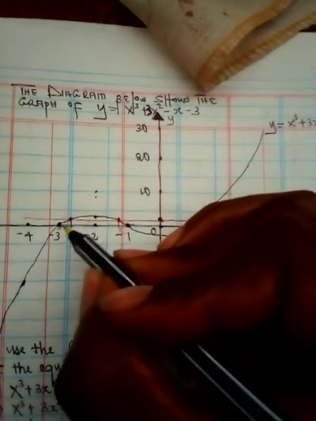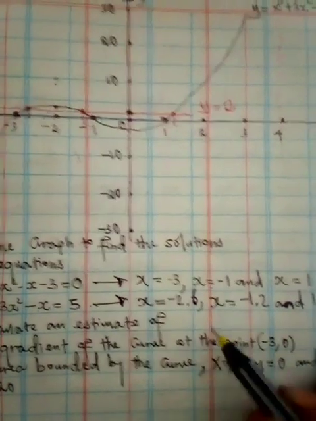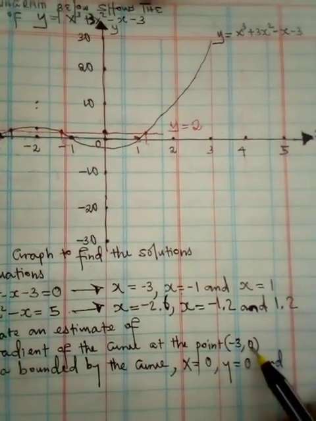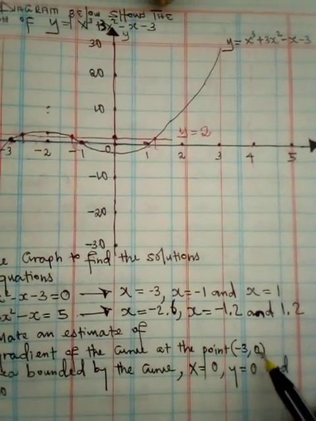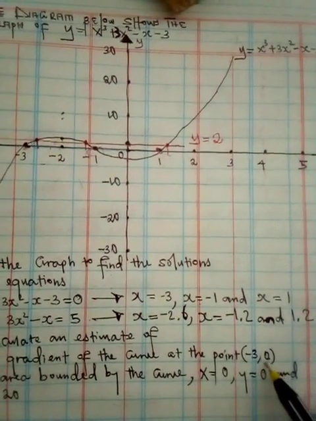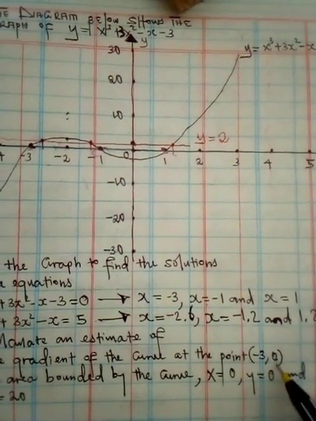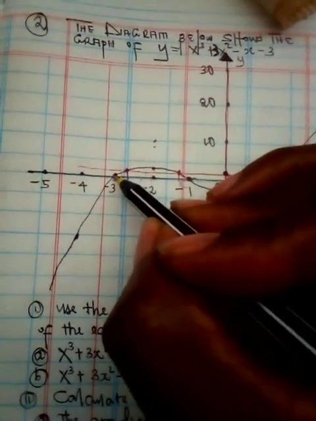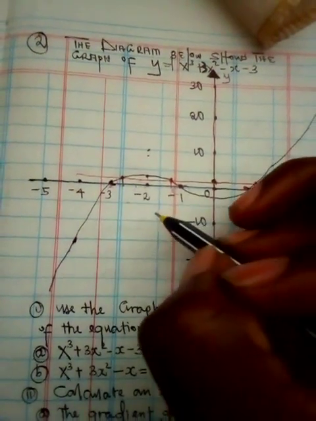Your -3, 0 is going to be here, because x is -3 and y is 0, and like we have said, it is only in the x-axis where your y value is equal to 0. So your -3, 0 point is simply right here.